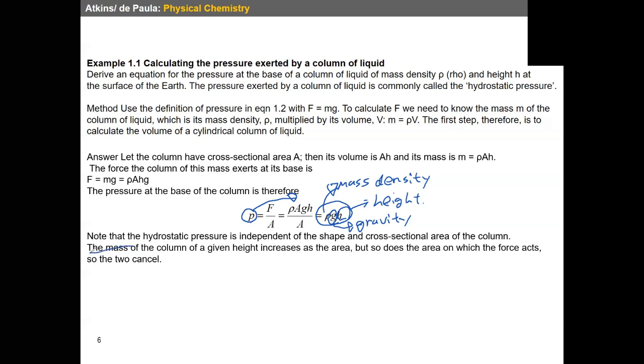The mass of the column of a given height increases with area, but so does the area on which the force acts, so the two cancel. Even if we use a large column, the pressure does not increase with the size of the column, because the area terms cancel.